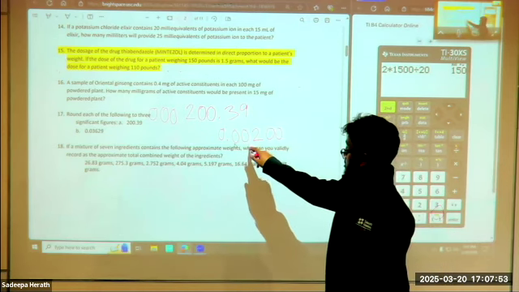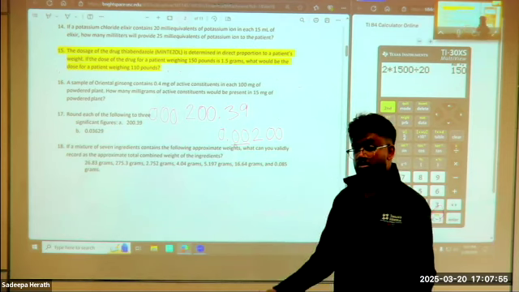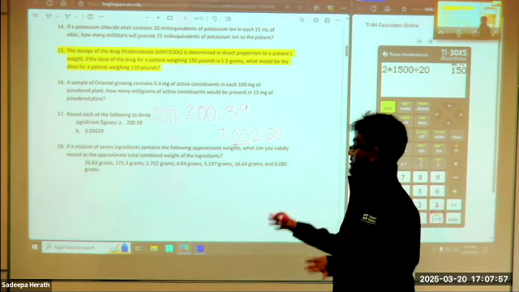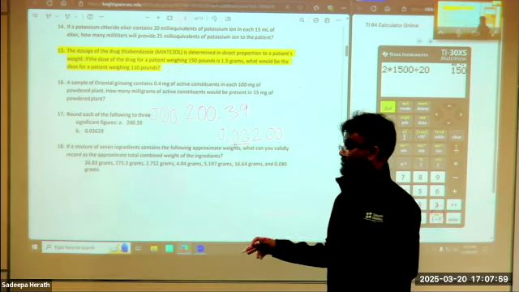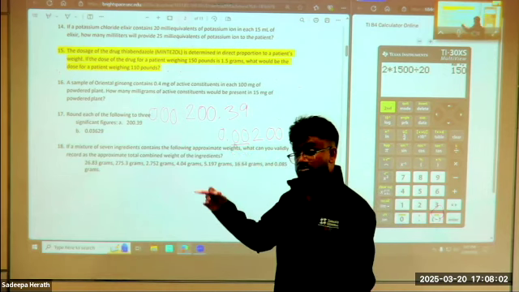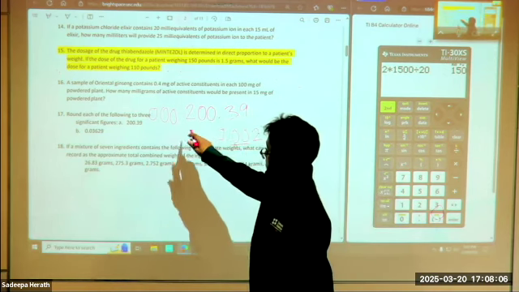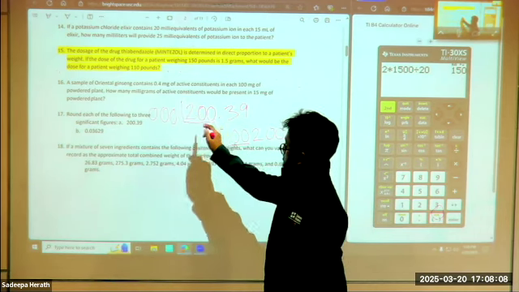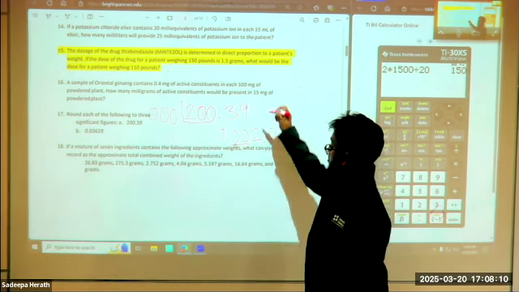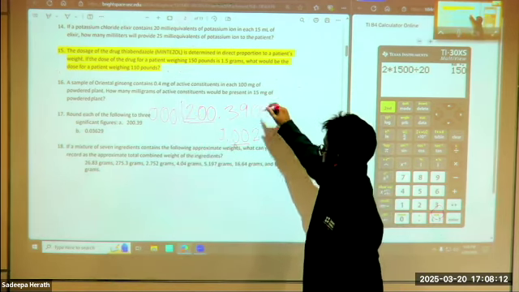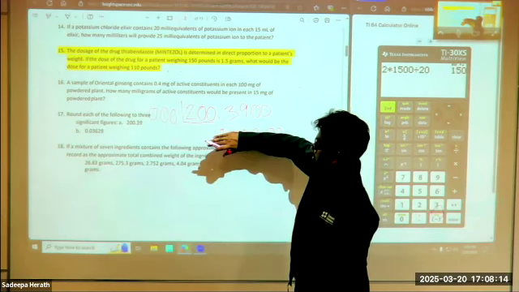If there's zeros beforehand, according to this class, it is not significant. Zeros trailing or after a whole number, like these zeros, for example, or if you add zeros here, those count.